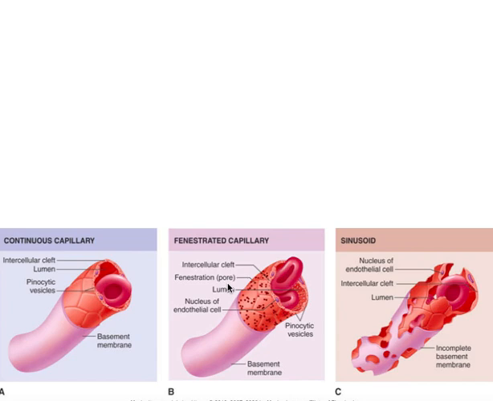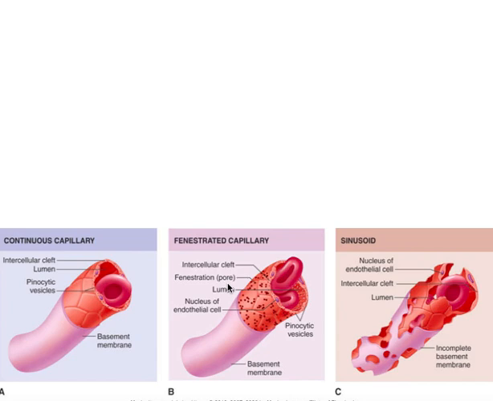The next type of capillary is called a sinusoid capillary, and as you can see, it's quite Swiss cheesy. There are holes that are quite large here. The sinusoids have highly leaky capillaries. This allows, for example, cells to be able to pass quickly in and out of the blood. For example, white blood cells may be passing back and forth, and that may be very important in certain parts of the body.